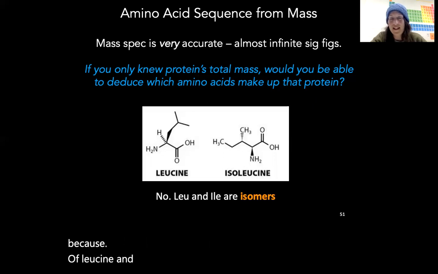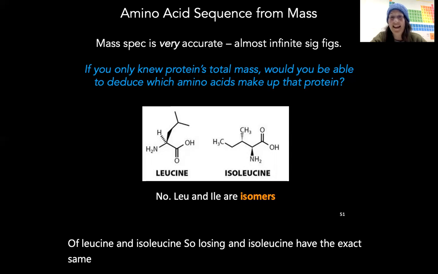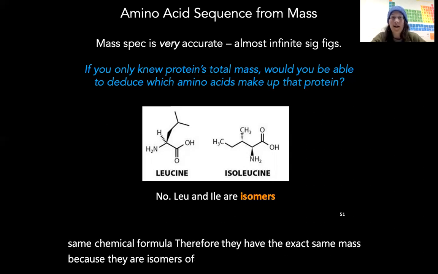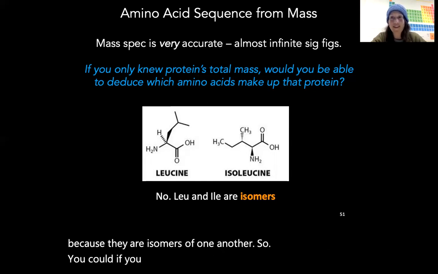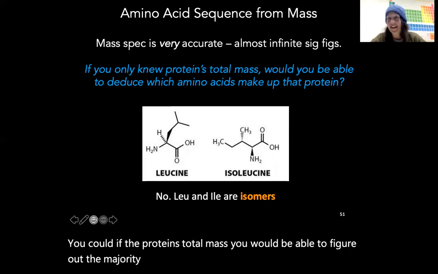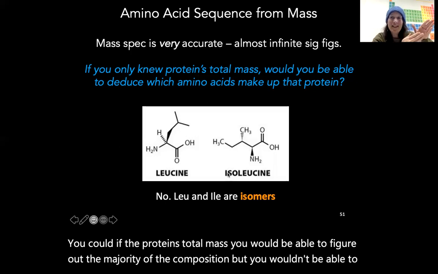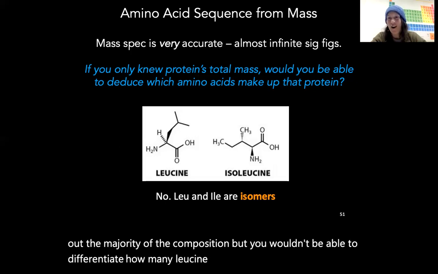So leucine and isoleucine have the exact same chemical formula, therefore they have the exact same mass because they're isomers of one another. So if you know the protein's total mass, you'd be able to figure out the majority of the composition, but you wouldn't be able to differentiate how many leucine versus isoleucine are in that protein.